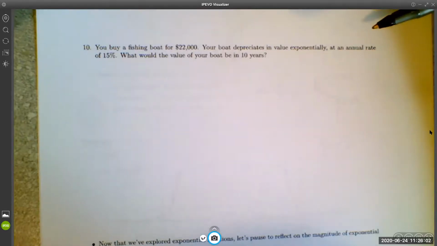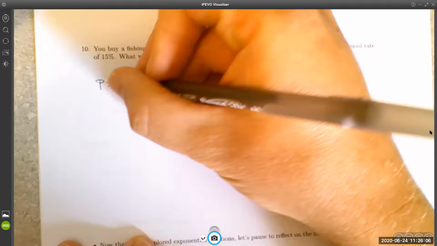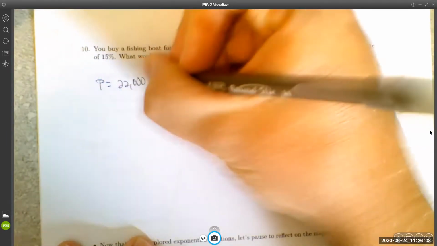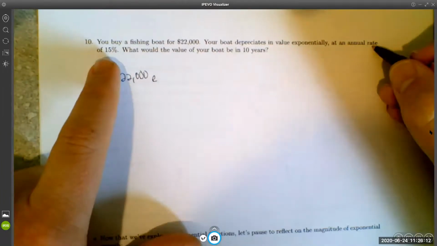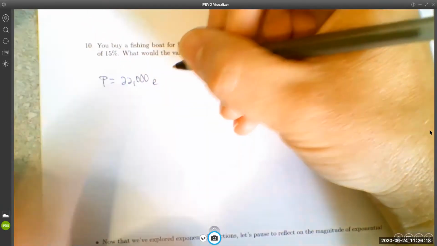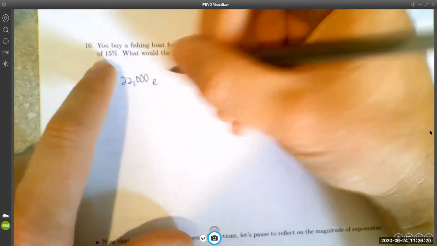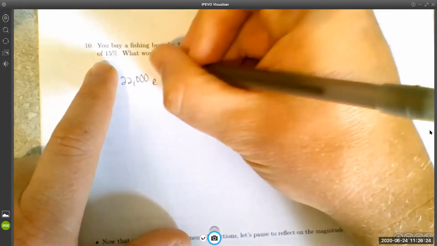Okay, let's see. Initially the boat is worth $22,000, but it's going to lose 15% of its value each year. So the rate here is not 0.15, but negative 0.15, because you're losing that proportion of value.